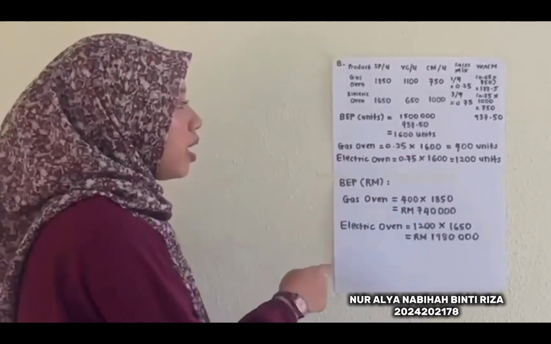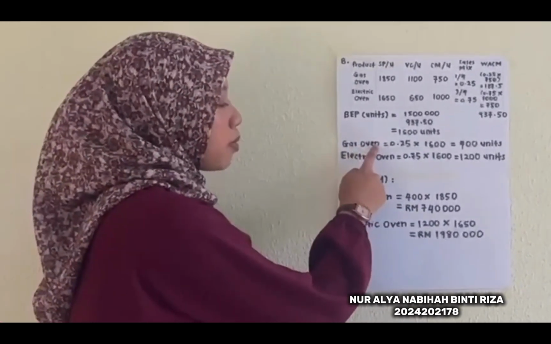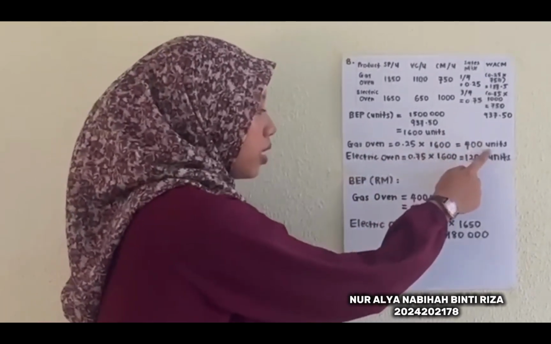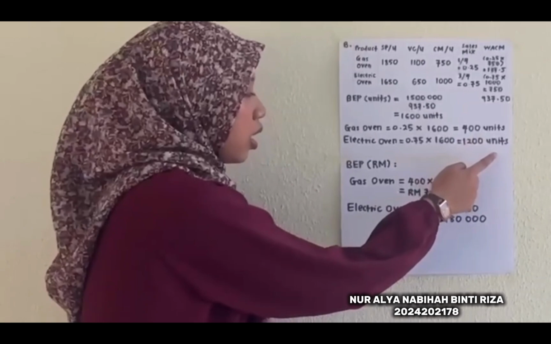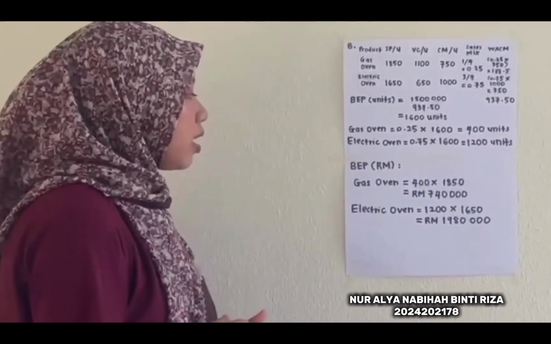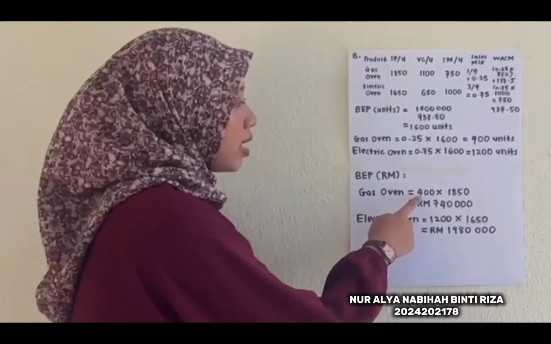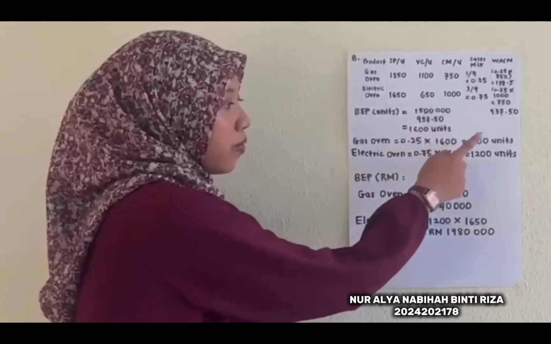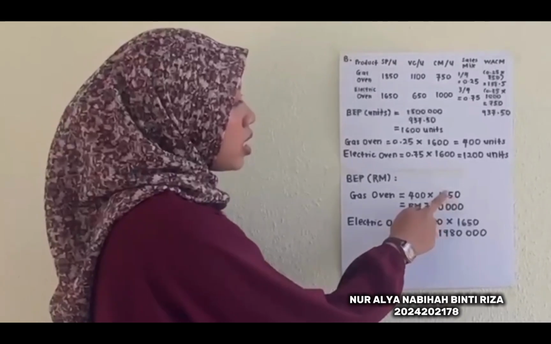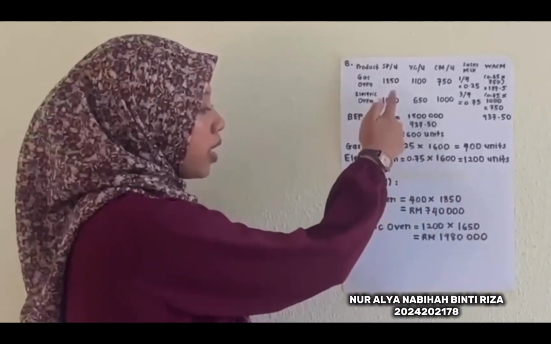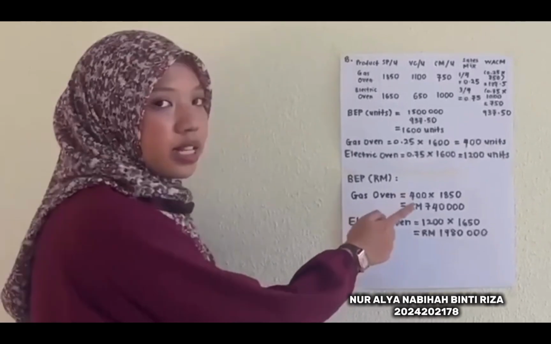Okay, we need to calculate BEP units for each product. Gas oven, we get 400 units. Electric oven, we get 1,200 units. Okay. Next, we calculate BEP RM for gas oven. We take the BEP units for gas oven 400 units times 1,850, which is selling price per unit gas oven, and then we get RM 740,000.